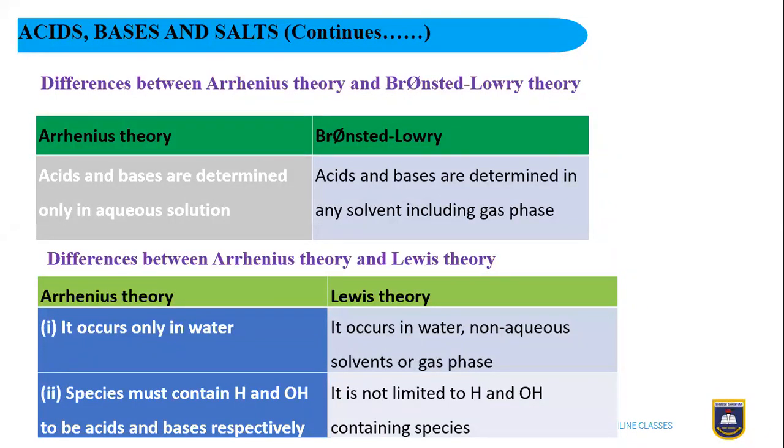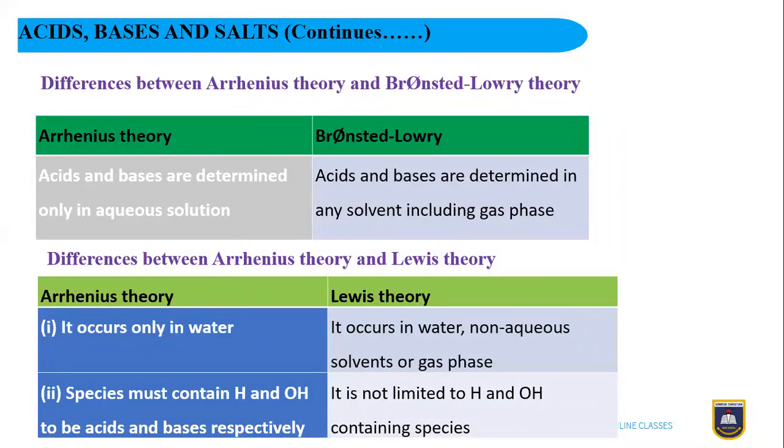Because look, we have bases like ammonia, NH3. Ammonia is one of the common bases we use in the lab. Yet it doesn't contain OH in it. When it dissolves in water, it produces ammonium hydroxide. But ammonia, as it is, doesn't have OH in it.